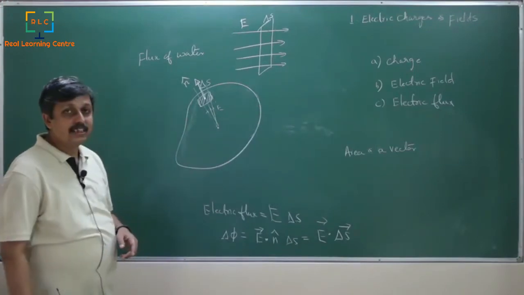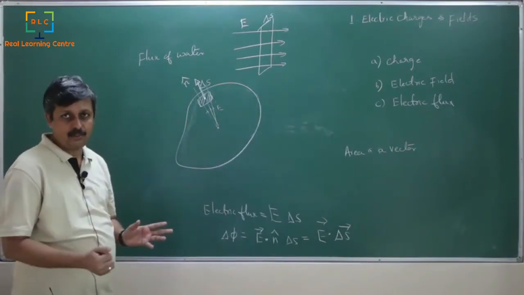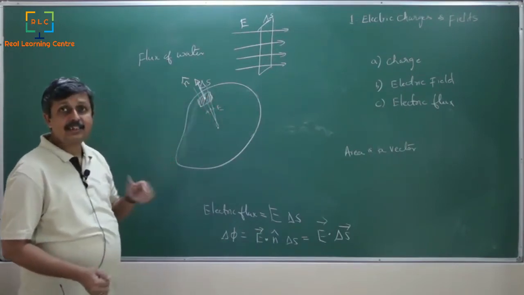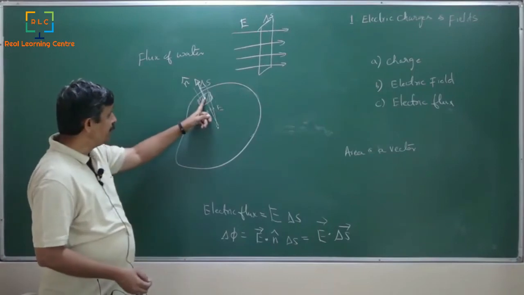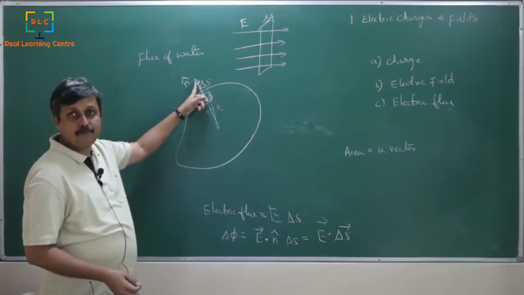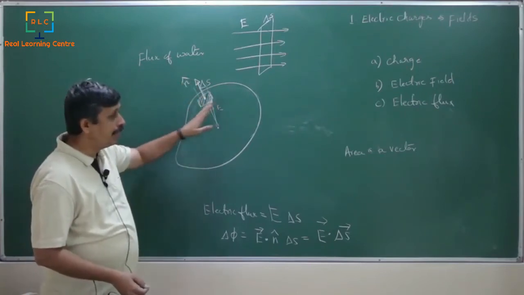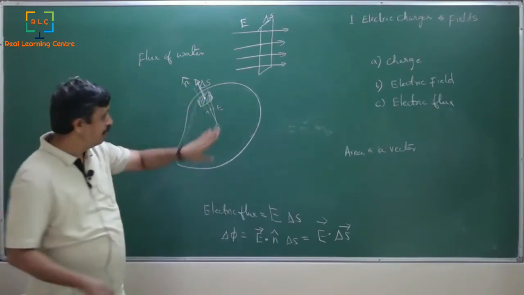So what is delta S? Delta S is actually nothing but this area. However, it is represented by a line in the direction of a perpendicular n, having the magnitude numerically equivalent to the area.